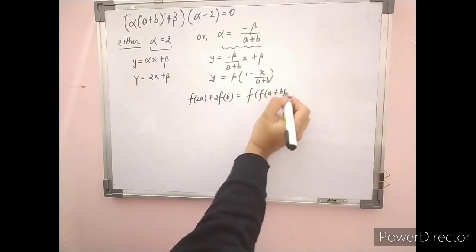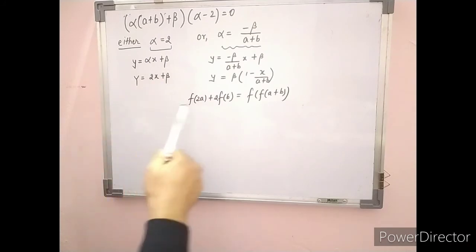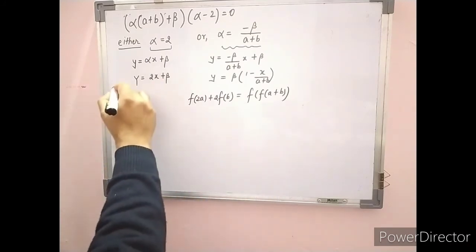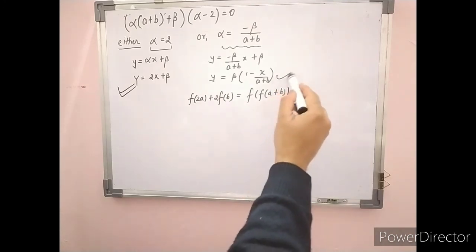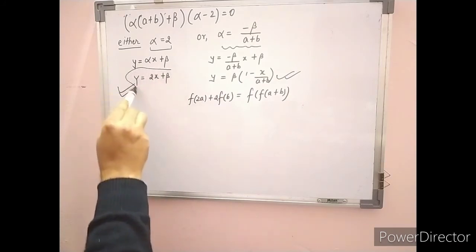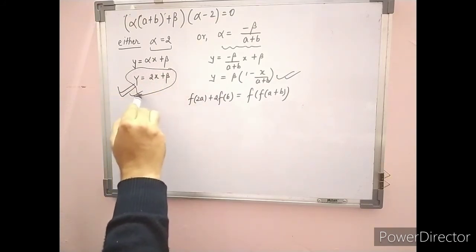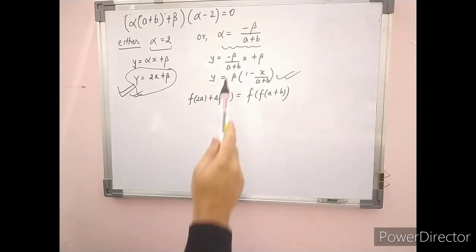If we substitute y is equal to 2x plus beta here, this satisfies this particular equation, and even if we substitute this other value, this also satisfies the equation. Now actually what I do feel at this point is that yes, this is the solution of this equation. It is right, the function is something of this type.